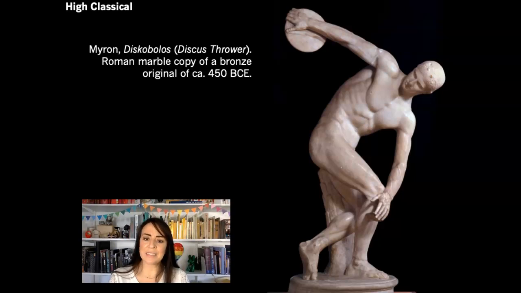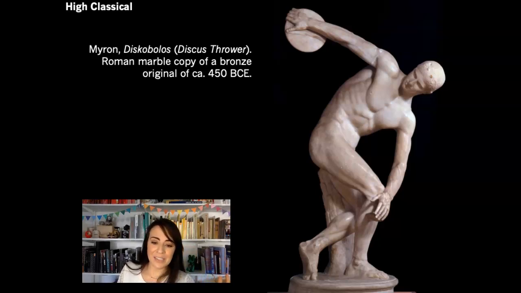The male body is seen as a symbol of one's dedication to the Greek world and their gods. And so here, this man, he is showing his time and dedication and strength and discipline to create this body and to practice this motion, to be so perfectly in tune with the act of throwing this discus.